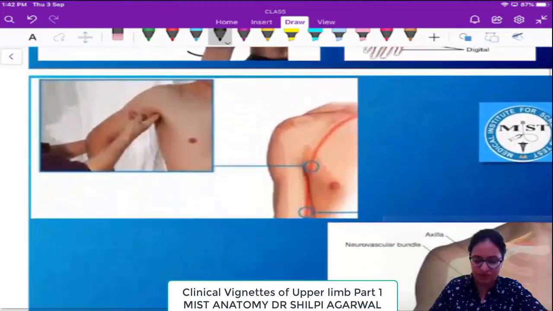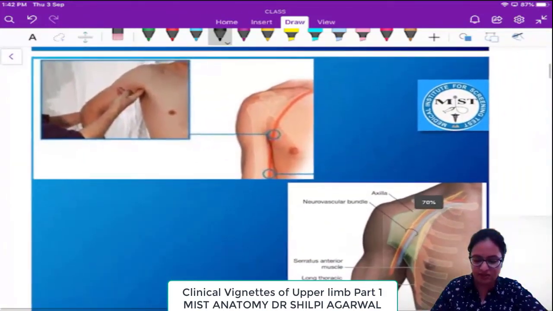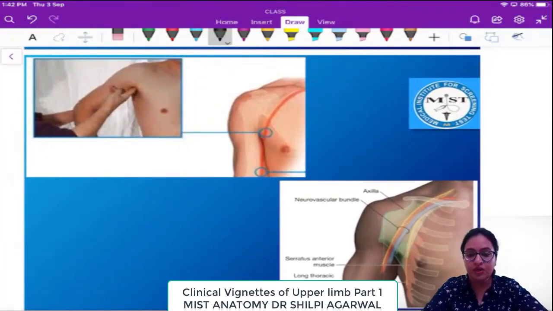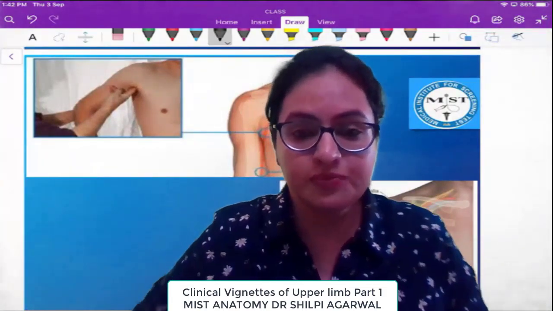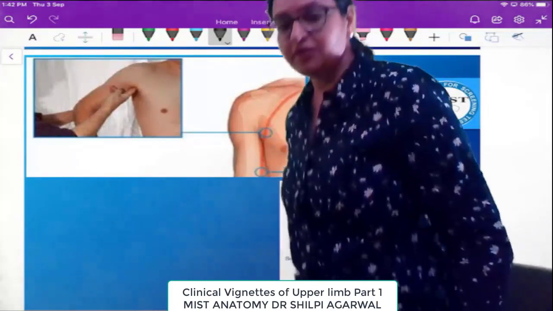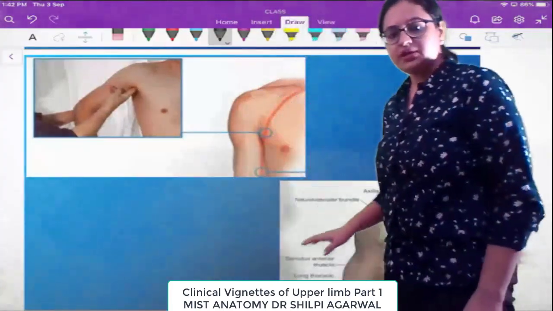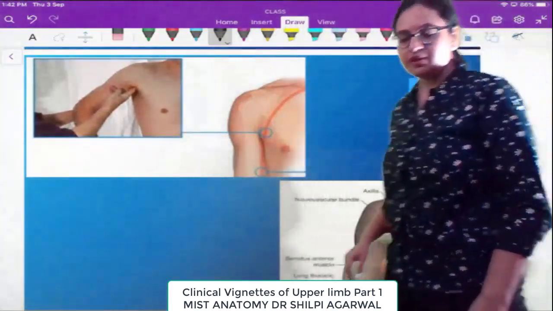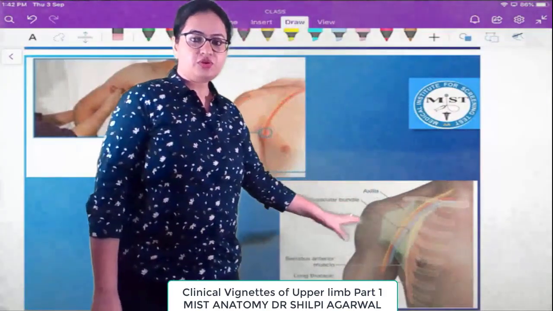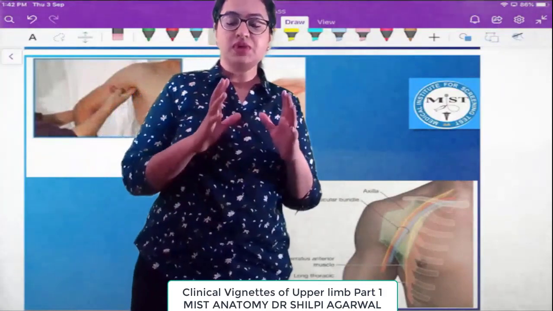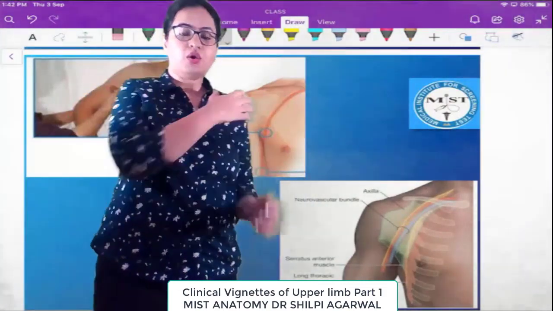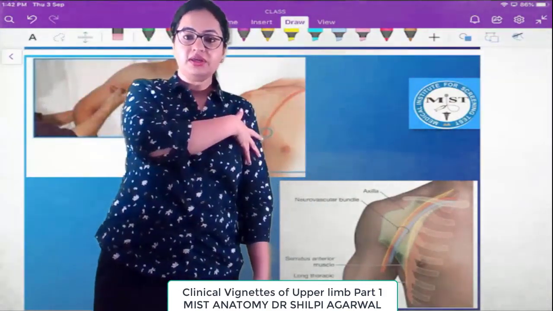Now coming to the axillary pulse. If you see this picture over here, you can see the arteries as well as nerves, and how they are present in the human body in the axilla.